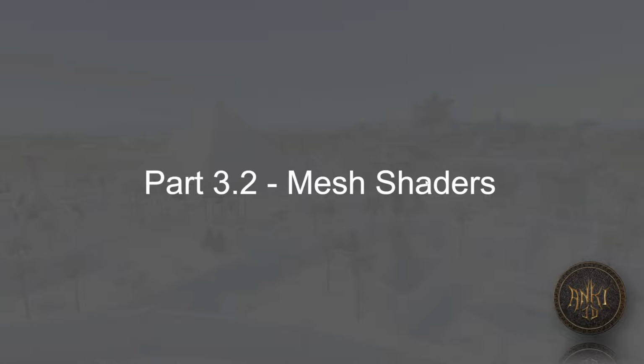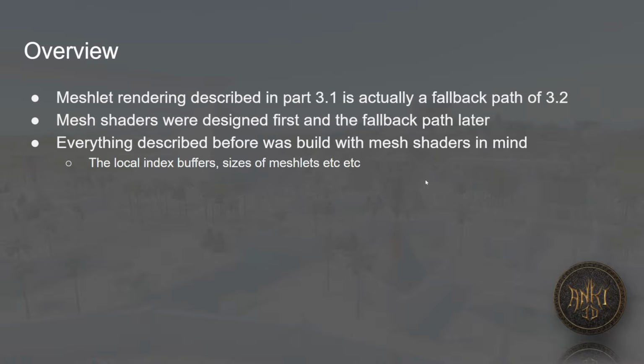Now let's go one step further and see how mesh shaders come into play. The meshlet rendering using the non-indexed draw calls that we mentioned previously is actually the fallback of the mesh shading rendering path.